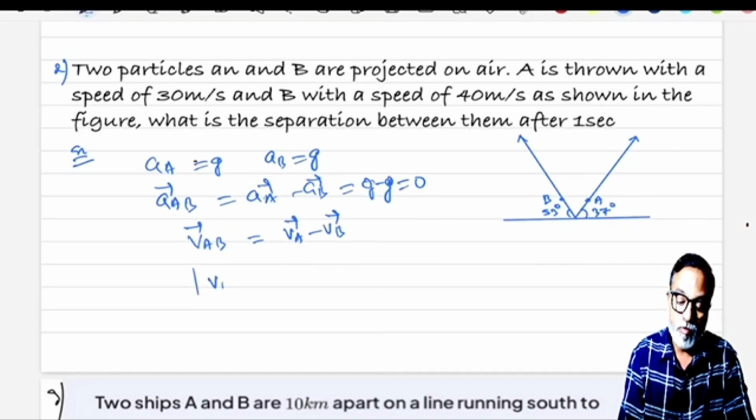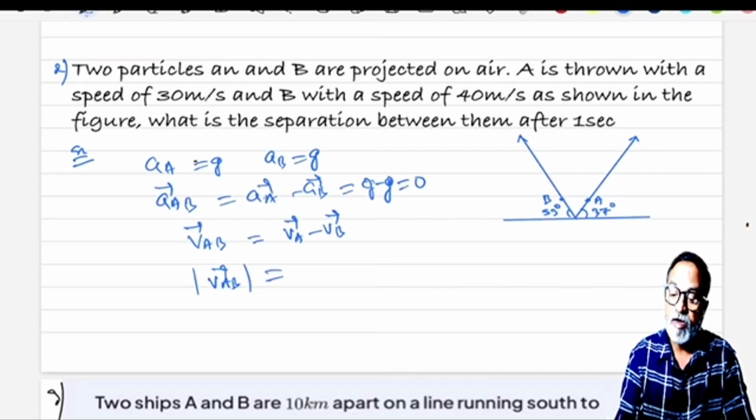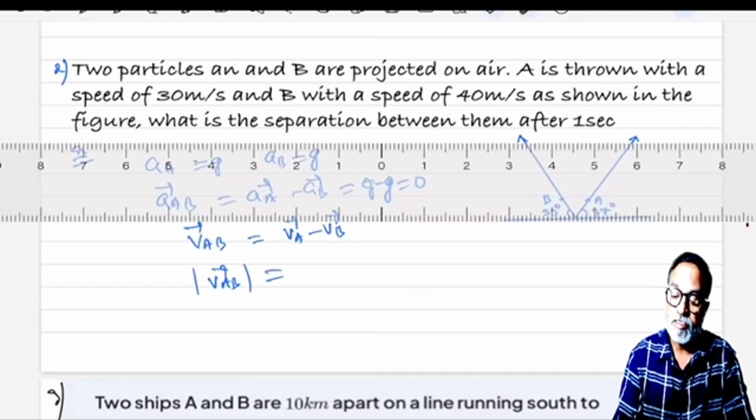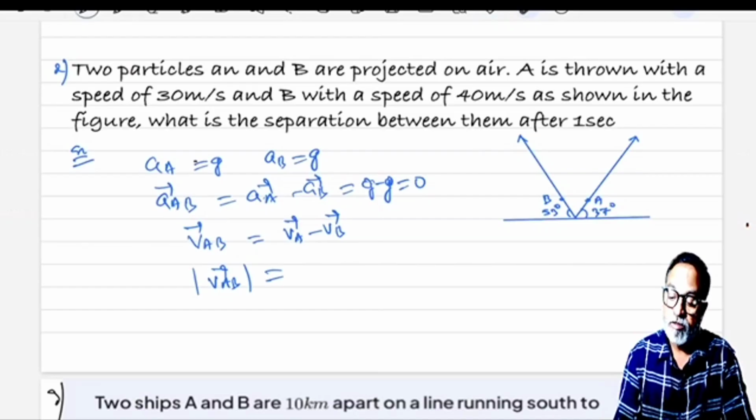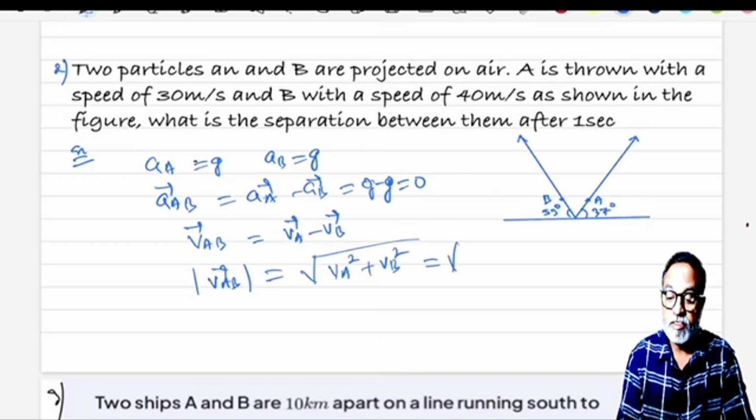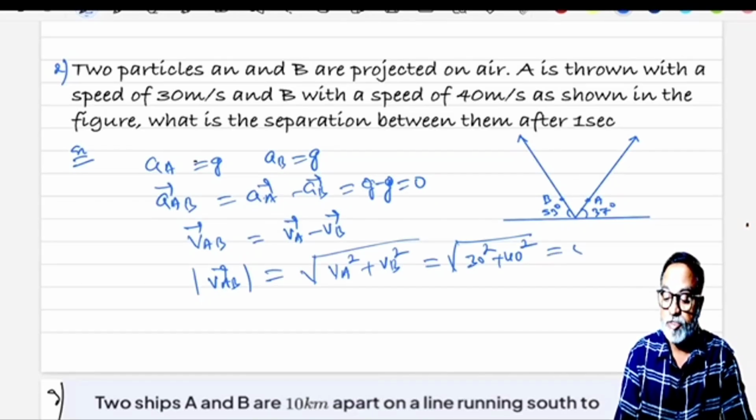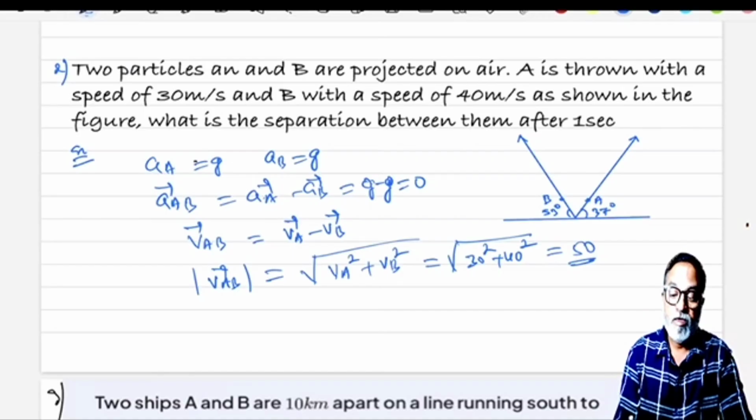Its magnitude, here the angle between VA bar and VB bar is 90 degrees. Therefore, this becomes the square root of VA square plus VB square, that is 30 square plus 40 square, therefore this becomes 50.